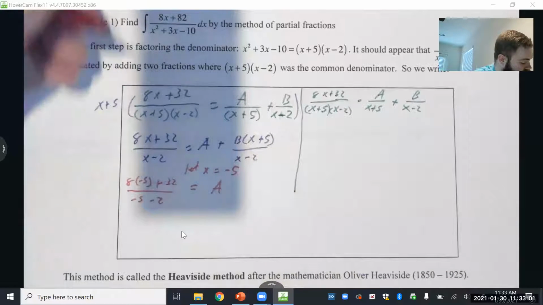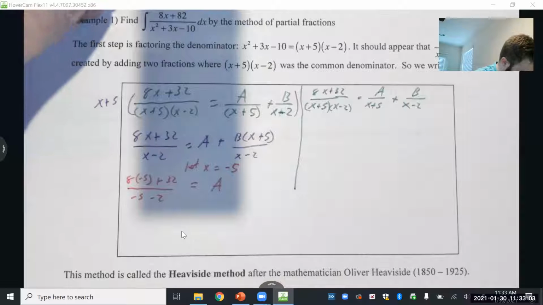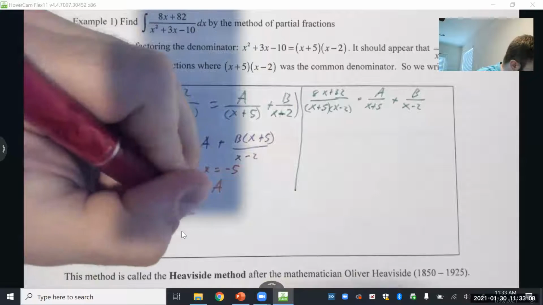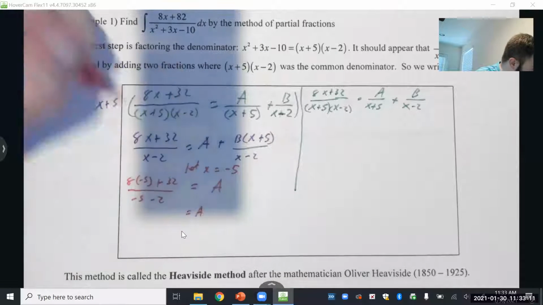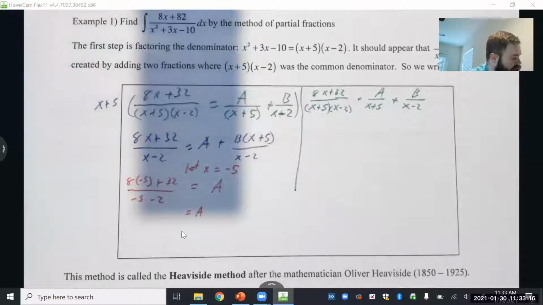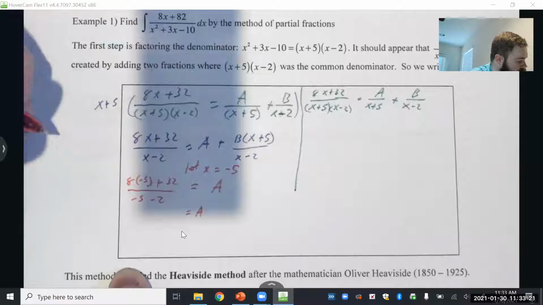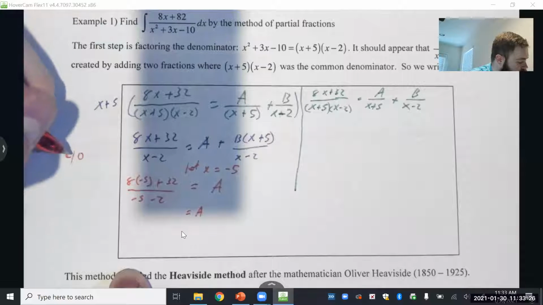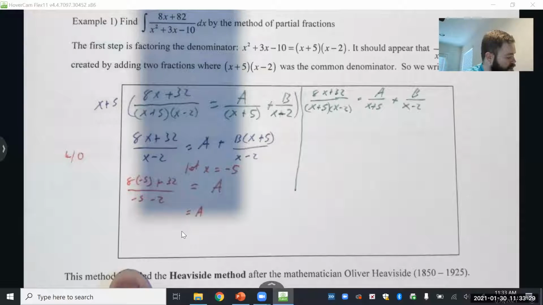8 times negative 5, that'll be negative 40. Oh, I've been writing 32.